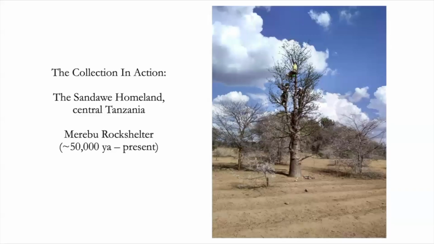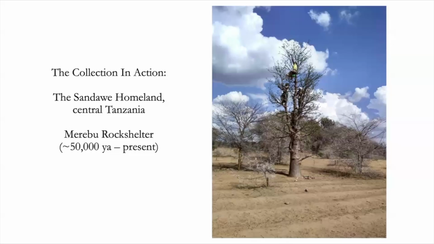And we also have plant remains from the Marabou rock shelter, which is from the Sandawe homeland. That archaeological site is fascinating. That sequence goes back at least 50,000 years to recent centuries. I have really not done much analysis from that site yet. We do know that it has plant remains in the sediment samples that I've collected.